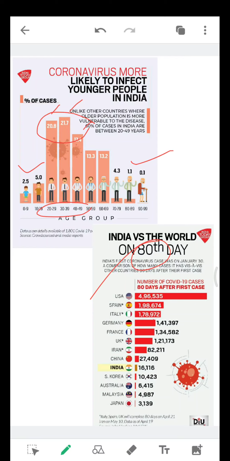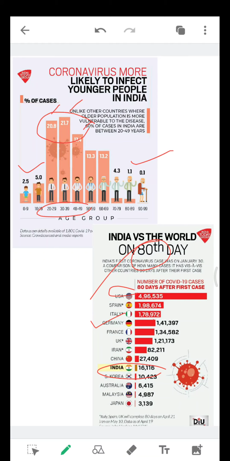So presentation of data is a very important part of statistics. In the second graph you can see India was somewhere here on the 80th day, but I think India is jumping up because the cases are increasing day by day, and a few are expecting that it may go to the first position also. May that should not happen.